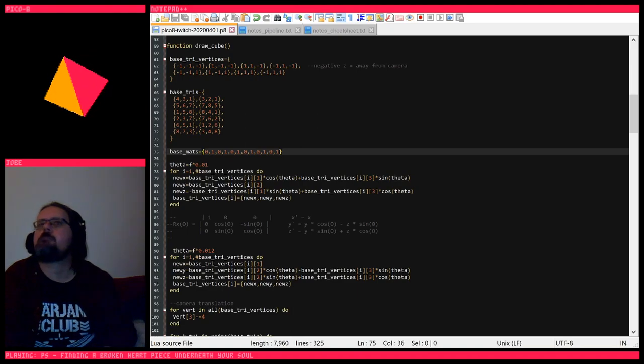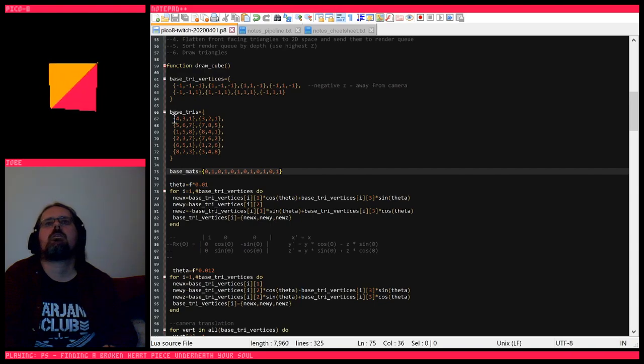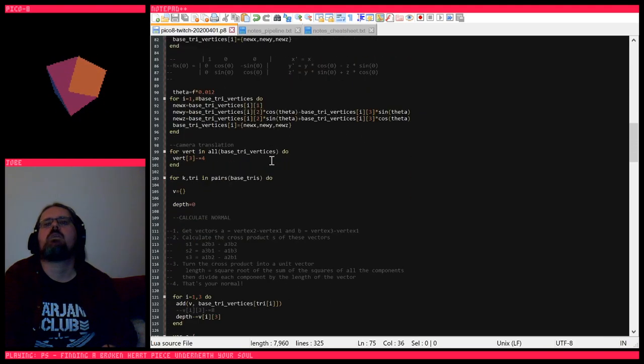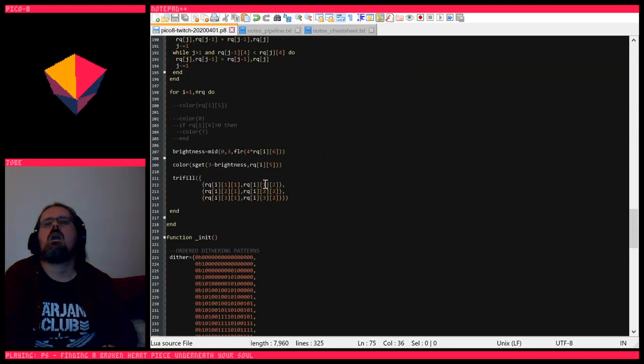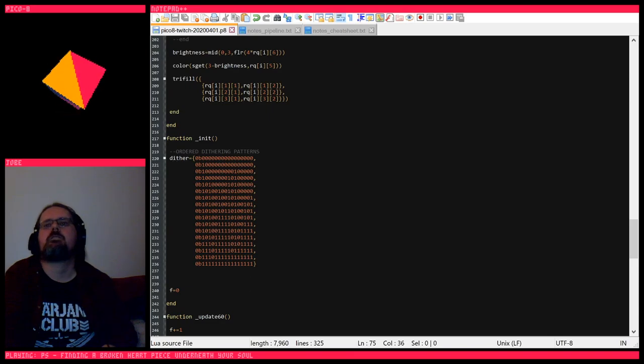Okay, yeah, I should be looking at the chat. But yeah, now it looks correct. How much time do we have? Oh, I was hoping to do shading to it as well, like more smoother shading, which we could have used our dithering patterns here for.